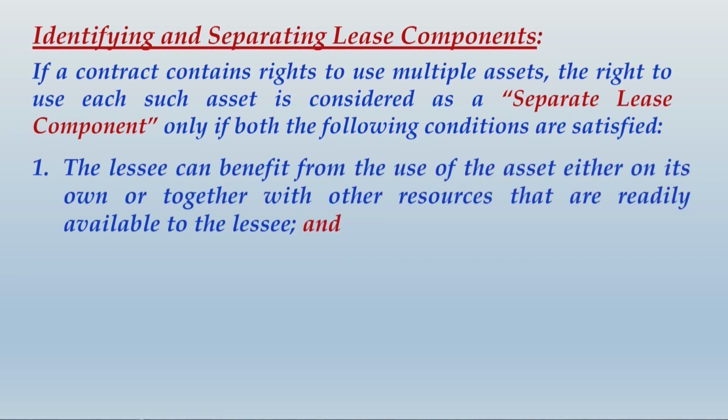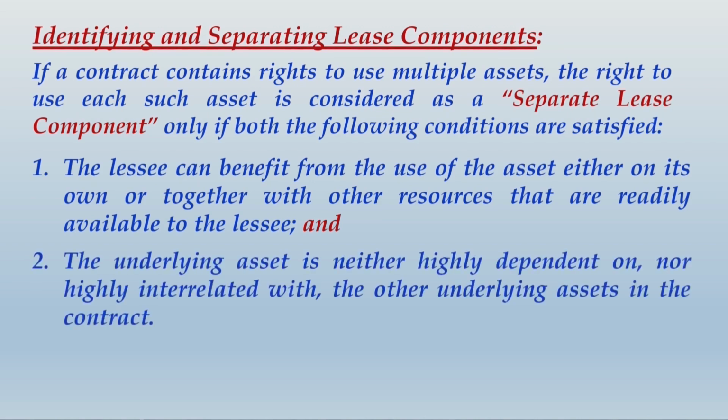Condition number 1, the lessee can benefit from the use of the asset either on its own or together with other resources that are readily available to the lessee, and condition number 2, the underlying asset is neither highly dependent on nor highly interrelated with other underlying assets in the contract.